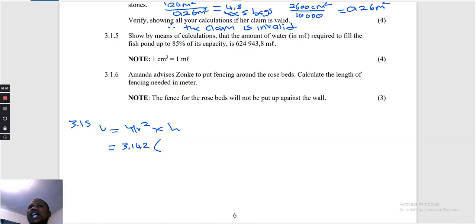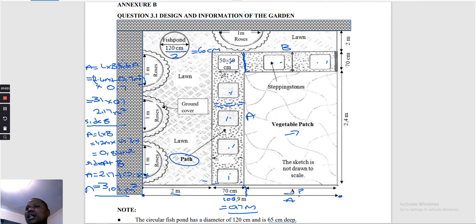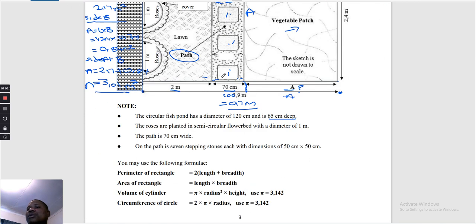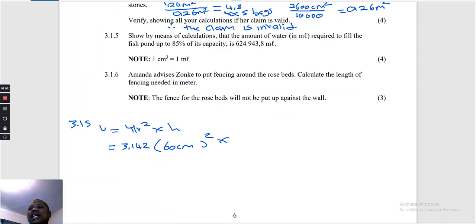But if you check there, we are dealing with centimeters, so we leave it as 60. So you're going to have 60 centimeters to the power 2 multiplied by the height. What is the height of the pool? The height of the pool is 65 centimeters. So we're going to multiply by 65 centimeters.